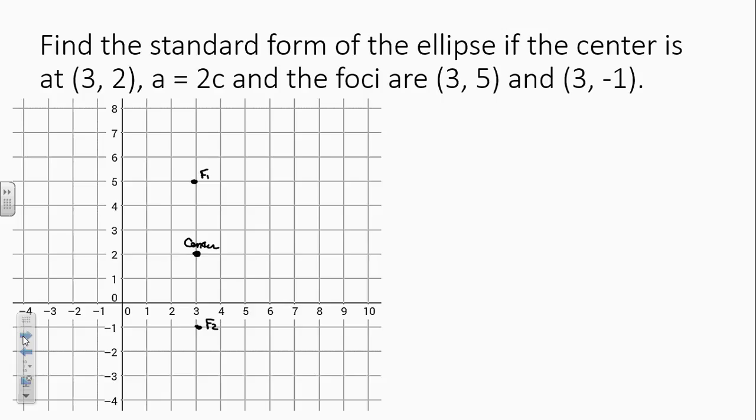So we've sketched the points that we have. What do we know? We have C because C is 3. We moved 3 up, 3 down from the center. So do we know what A is? 6.